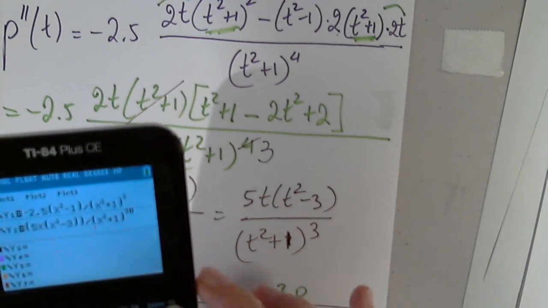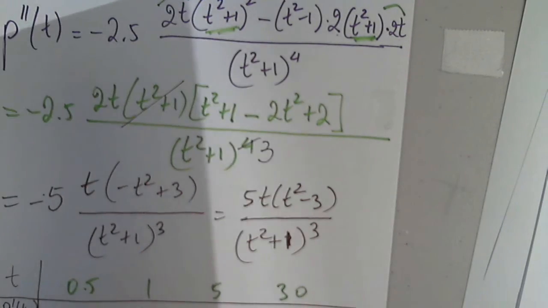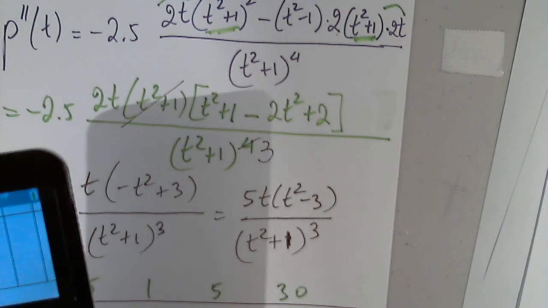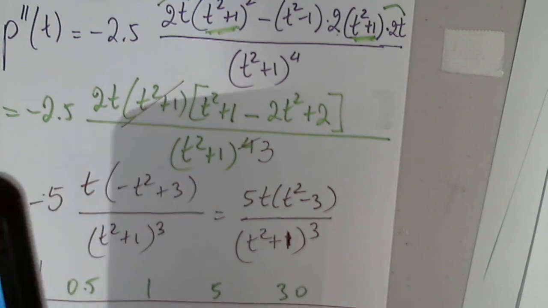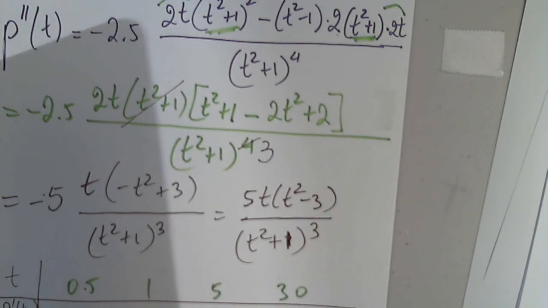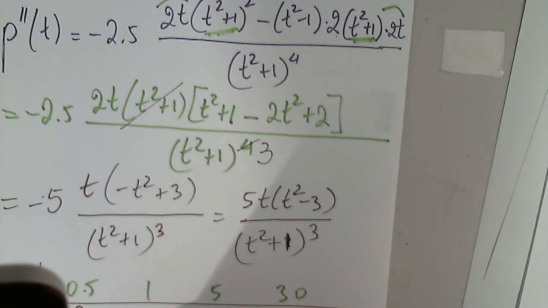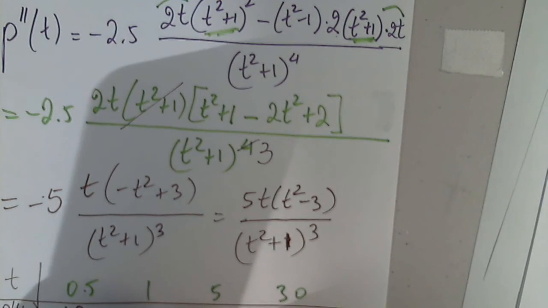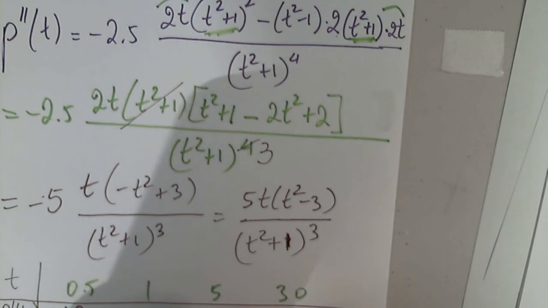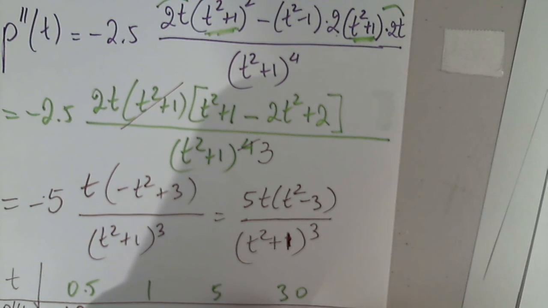And now I go to second and table, and I will put in all these numbers and get everything at once: 0.5, 1, 5, and 30. So the first function with 0.5 is 1.2, and then with 1 is 0, and then with 5 is negative 0.089, and then negative 0.003.